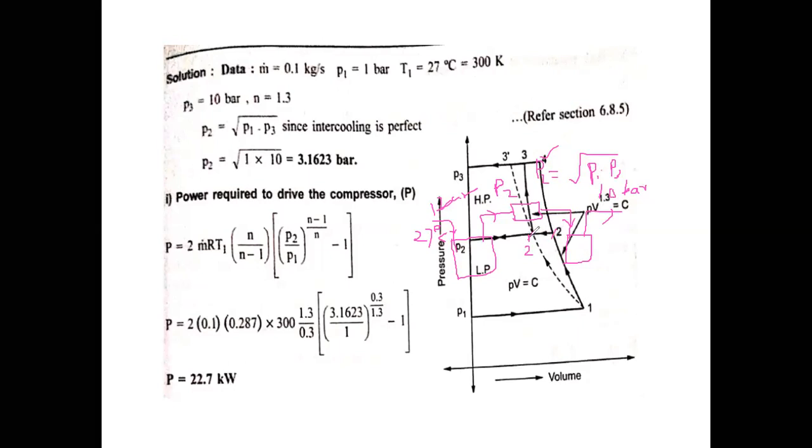After that, intercooling takes place, and once intercooling has taken place, process 2 dash to 3 is carried out, where it is discharged at a pressure of 10 bar.